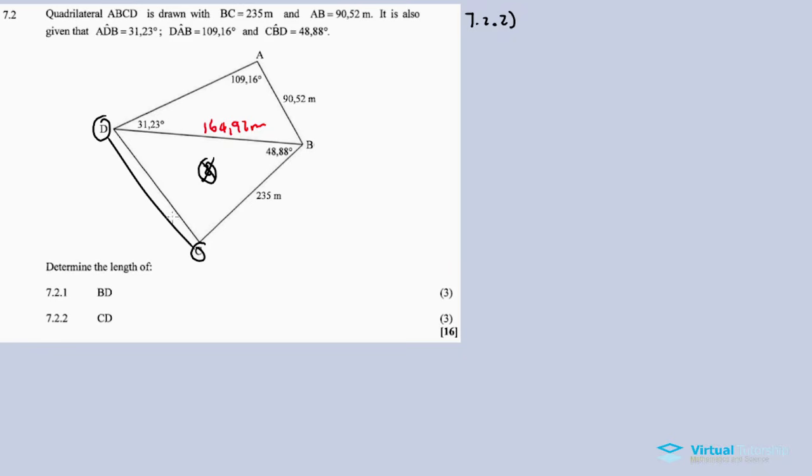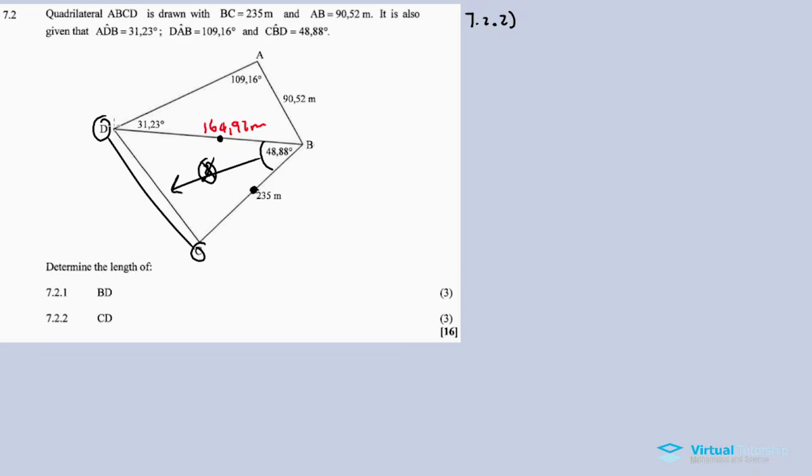Because CD is in this triangle. Now I have this side, and I have this angle, and I want the opposite side of this angle. Definitely here we use the cosine rule, right?